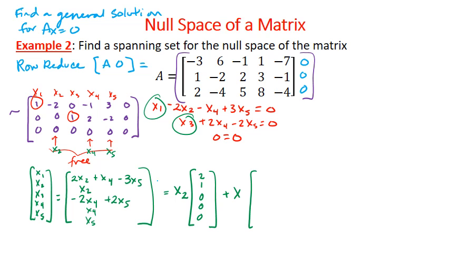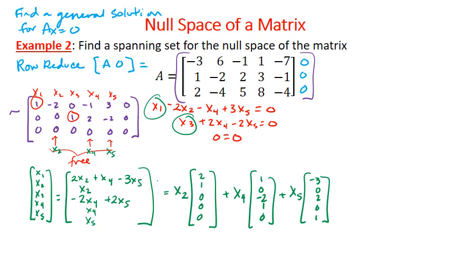Do the same for x4. x3 is not free, it's just not right here. Sorry, I got distracted. Okay, and then x5: negative 3, 0, 2, 0, 1.